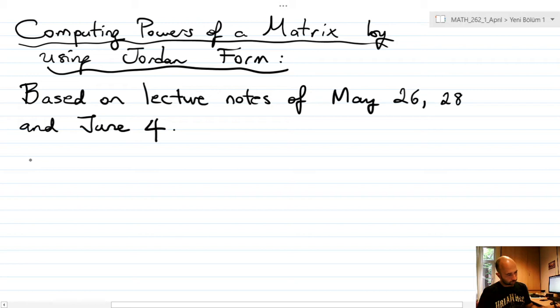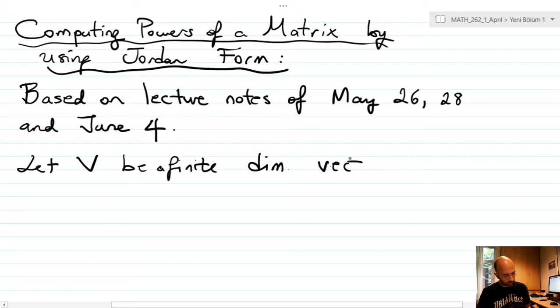So let V be a finite dimensional vector space over a field F, and let T be an operator.